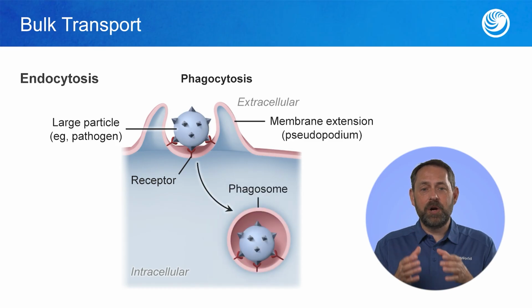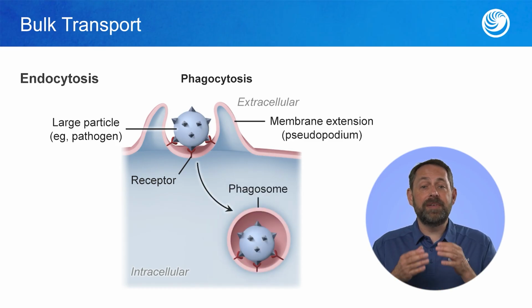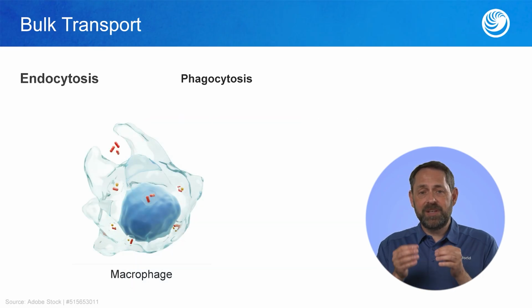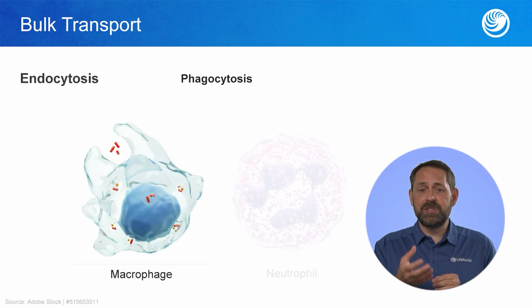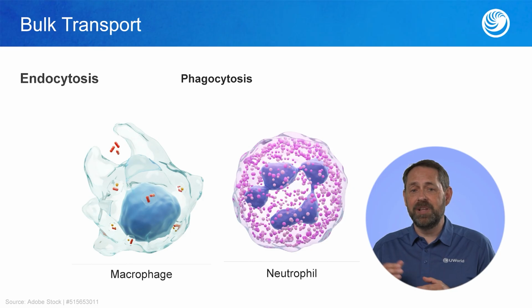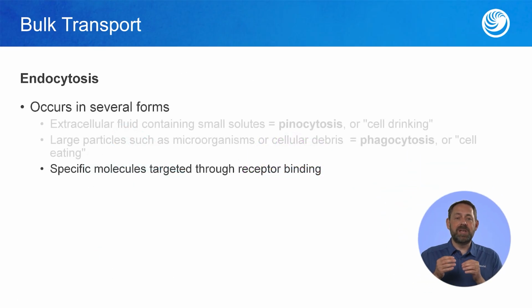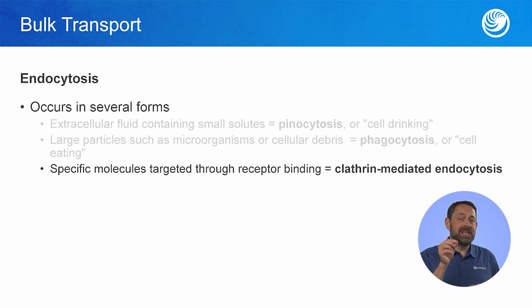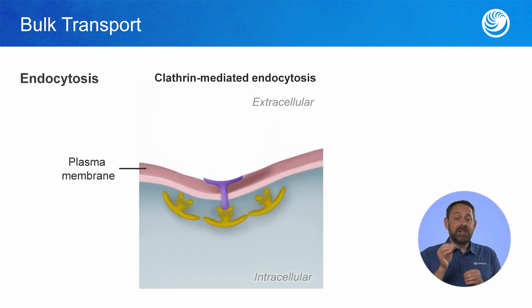The enclosed particle forms a vesicle called a phagosome, which is then drawn into the cell. Specialized phagocytic cells, including macrophages and neutrophils, play a critical role in innate immunity, which is discussed in more detail in another lesson. One type of endocytosis that targets specific molecules through receptor binding is known as clathrin-mediated endocytosis.